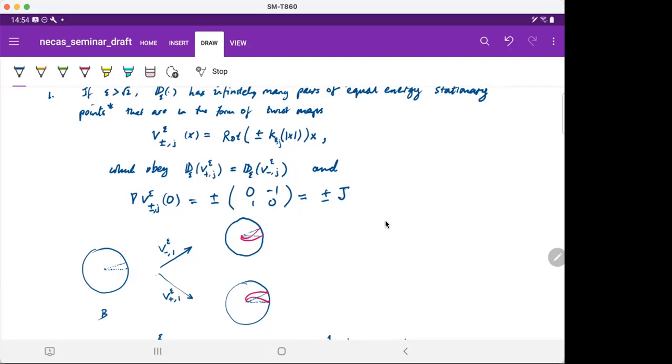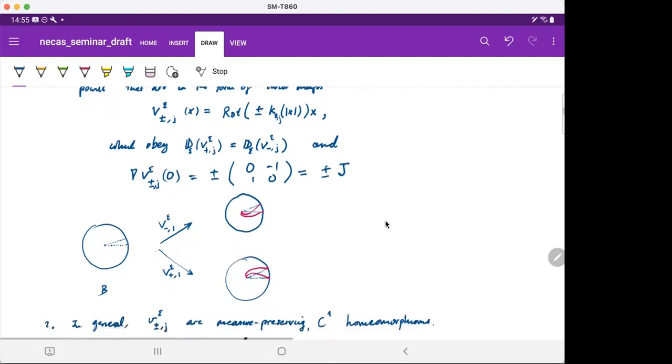So we tend to call these things buckling maps. I don't claim that they have mechanical properties of buckling and things like that. It just seems to be how they respond to being made stationary, just within the class of stationary, within the class of twist maps. Okay, so that's the opening claim.